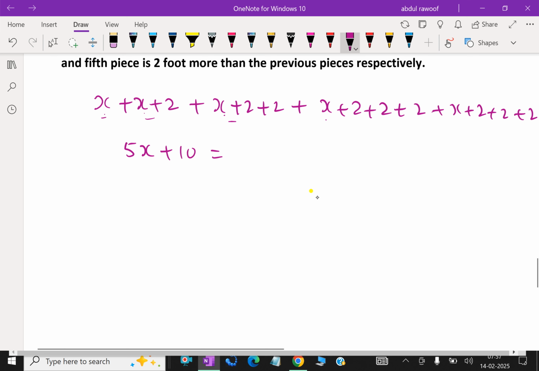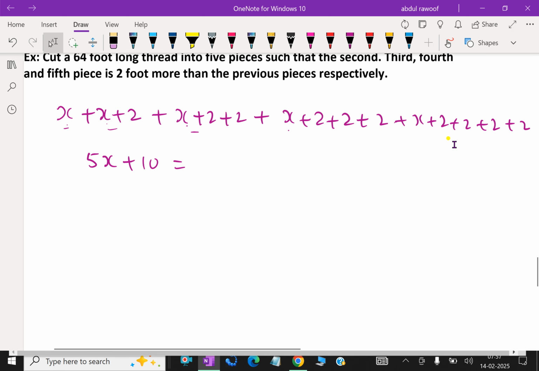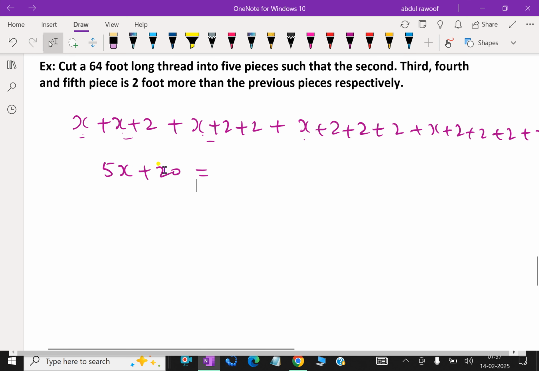Let me check: 2, 4, 6, 8, 10, 12, 14, 16, 20. Which is equal to the total length, 64 feet.